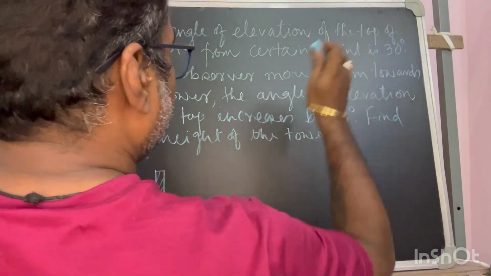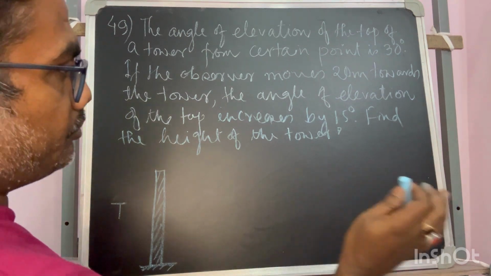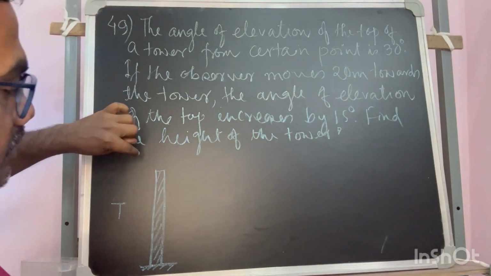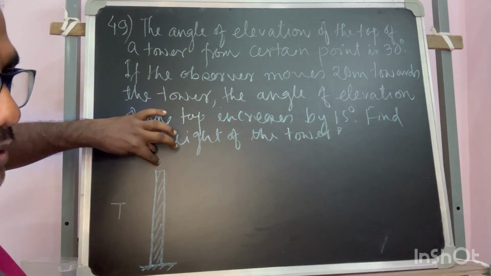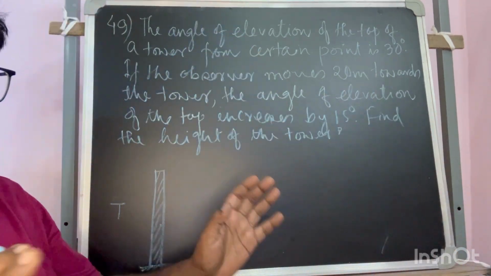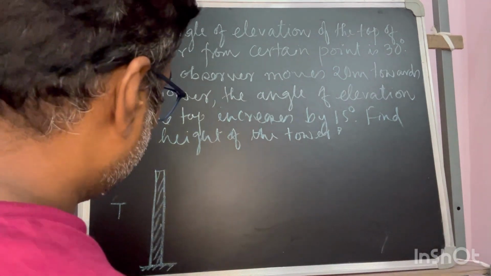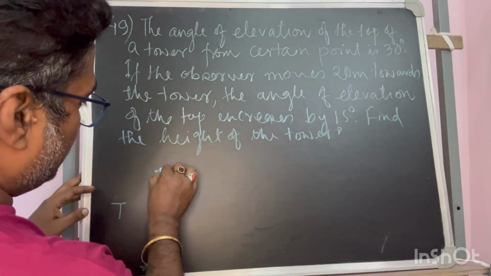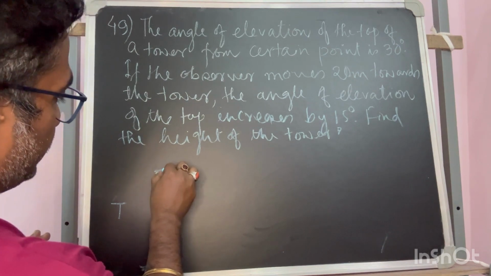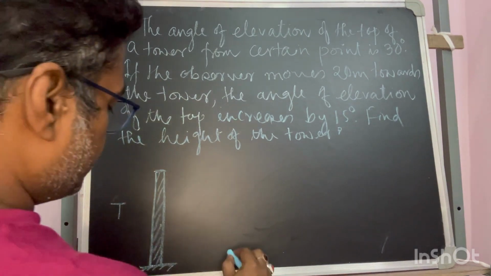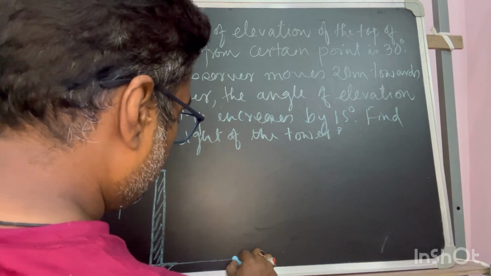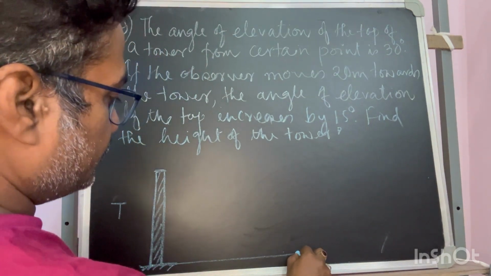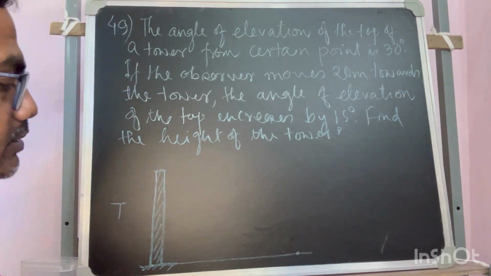when we make an angle of any point with reference to another point, there are two things: one is the object, one is the observer. This is the object and the top of it is the point of focus. So there must be somebody observing from a certain point. Let's say I'm taking this point.